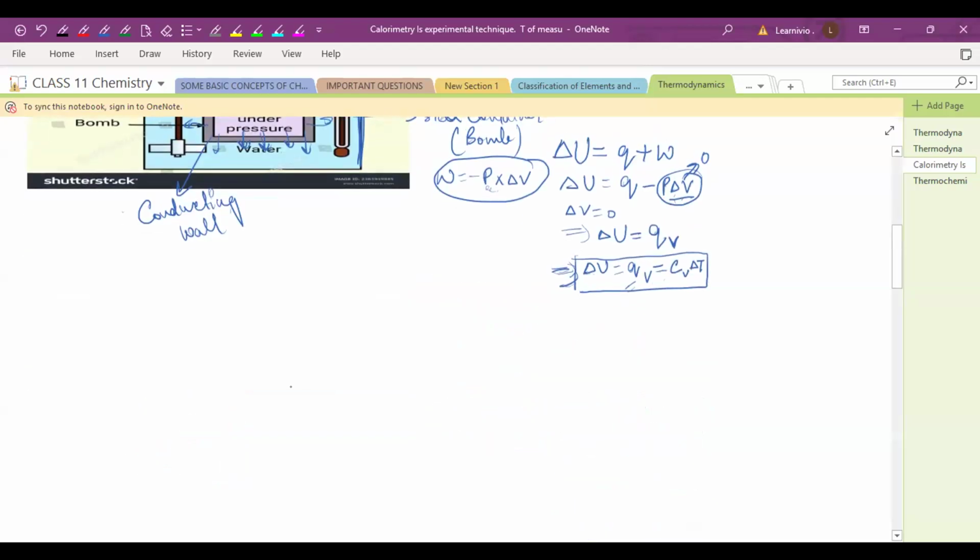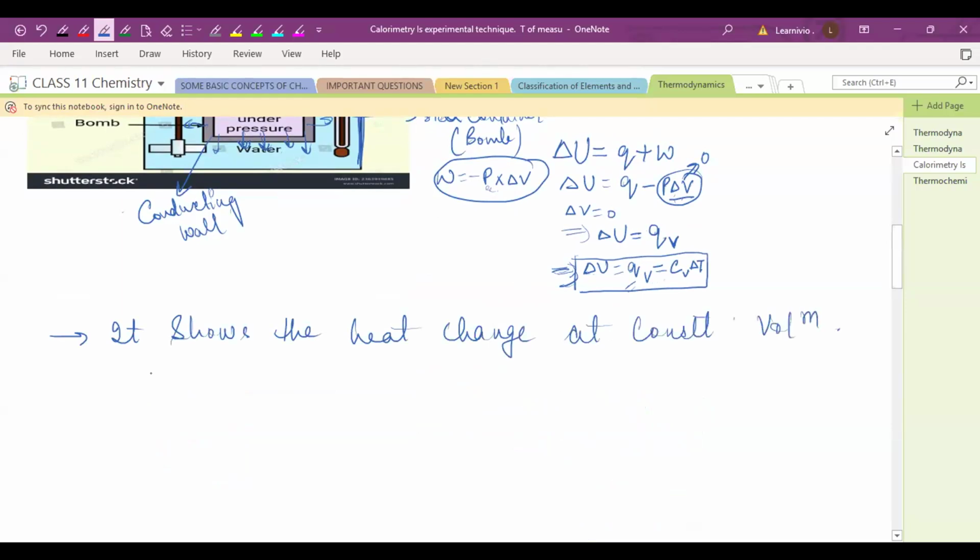Okay, now next you can write over here. After this point, just write down: this shows the heat change at constant volume, in this bomb calorimeter.